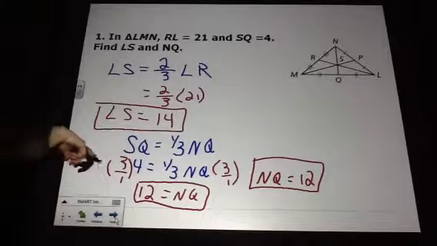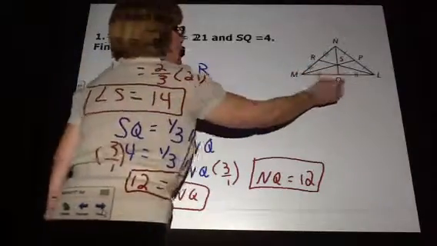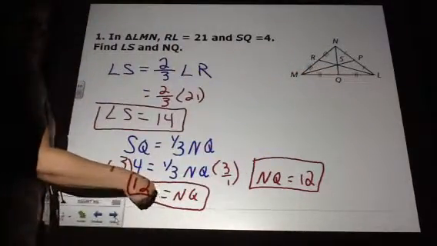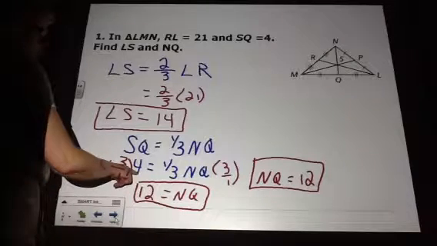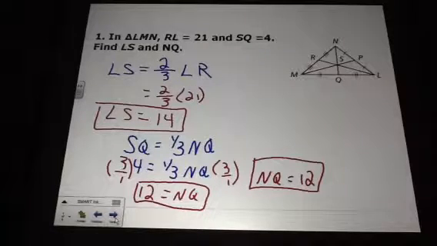Now some of y'all might be able to look at this one and say, well, if SQ is a third of that median, then you would just need to triple that 4 and get 12. You don't necessarily have to set it up in the equation form. That's just the way my brain works.